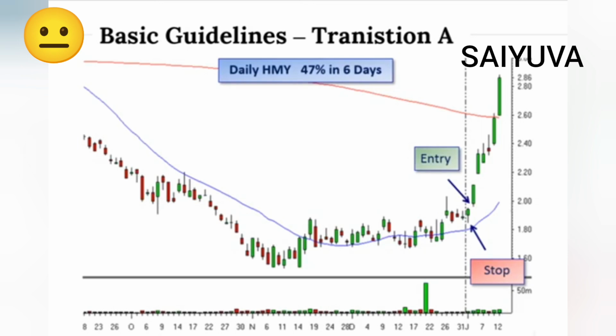And I didn't just pick this. You can look at any chart you want, and you just follow the trend and see how the moving average gives you kind of the heads up right when the stock is about to break out.